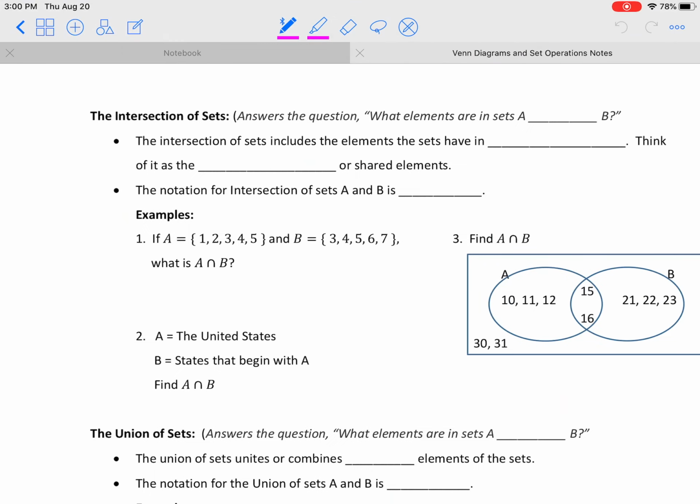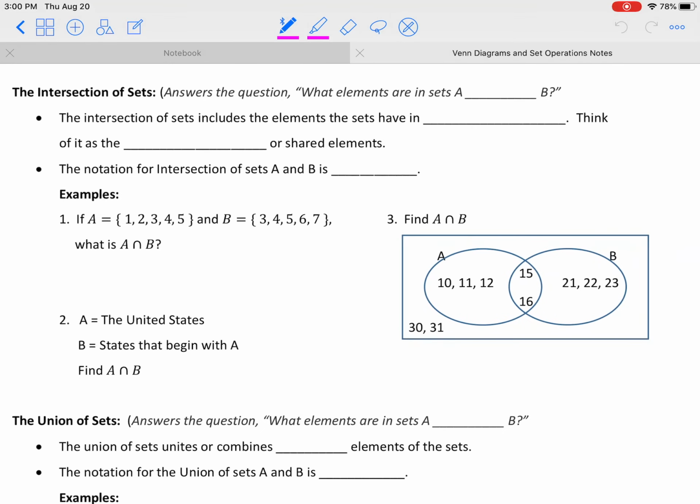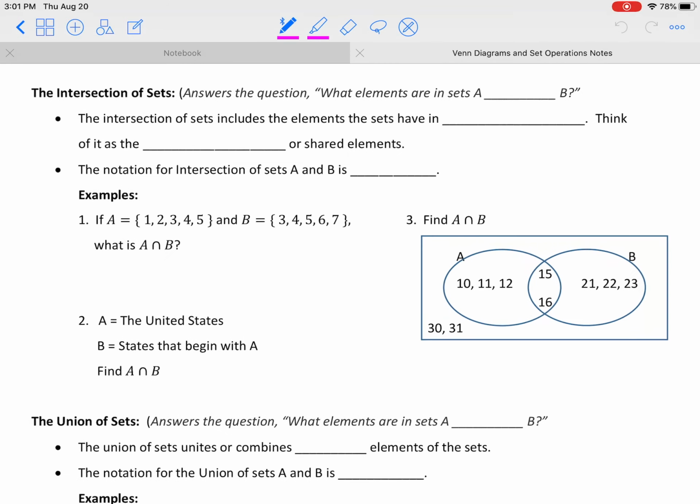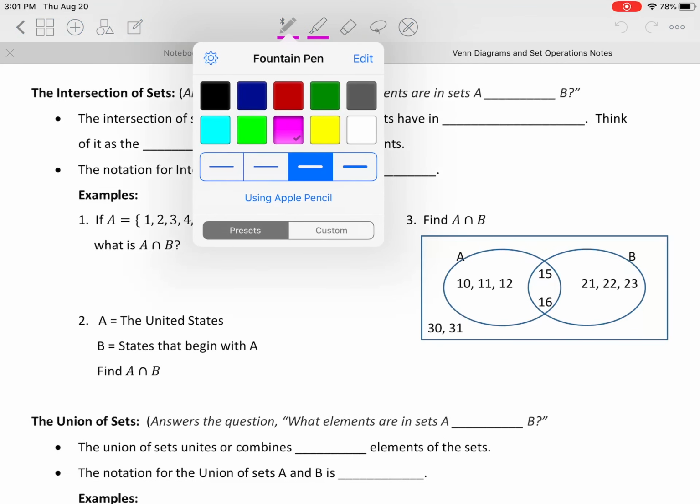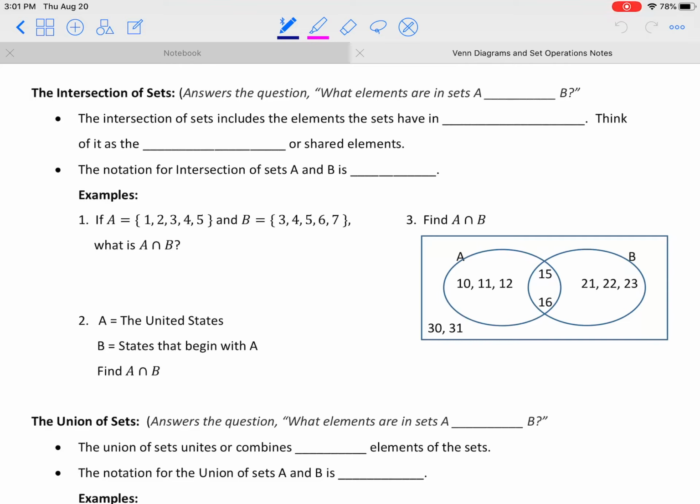Alright, let's see. There's 2 more operations, what we call set operations, that we should be able to perform given some sets. So we can find the complement of a set. The intersection of sets is another operation. When we're looking for the intersection of sets, what we're trying to find are the elements that are in common to both A and B. So when I say what is the intersection of sets A and B, I want to know what elements are in sets A and B at the same time.